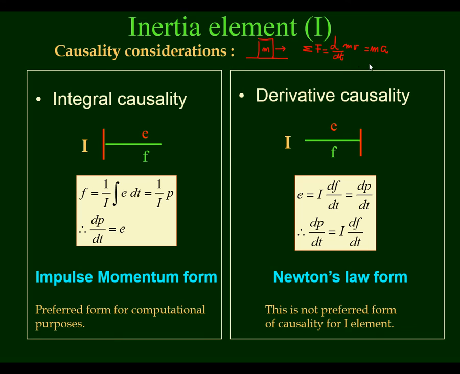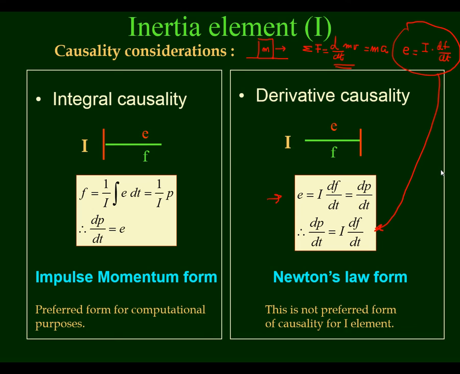This is obviously written in derivative form, you see? This equation corresponds to this form because you can see F is E and this is M, we're going to call it I times df dt. See? This form that you're seeing here is exactly what you're seeing here.